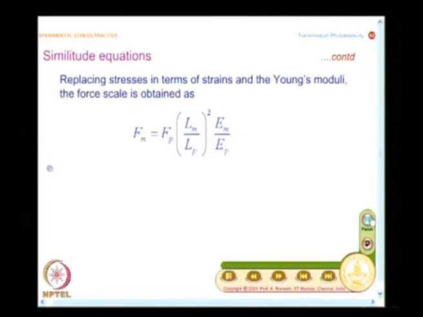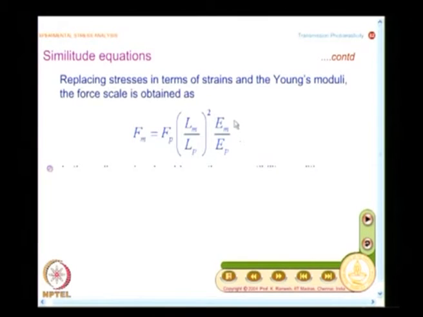So what we do is we replace the stresses in terms of strains and the Young's moduli. The force scale is obtained as: the force that I need to apply on the model is related to the force coming on the prototype, F_m = F_p × (L_m / L_p)² × (E_m / E_p).